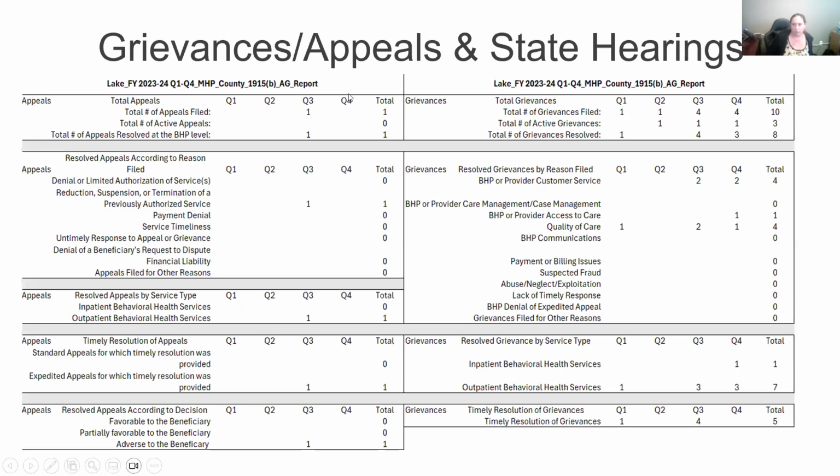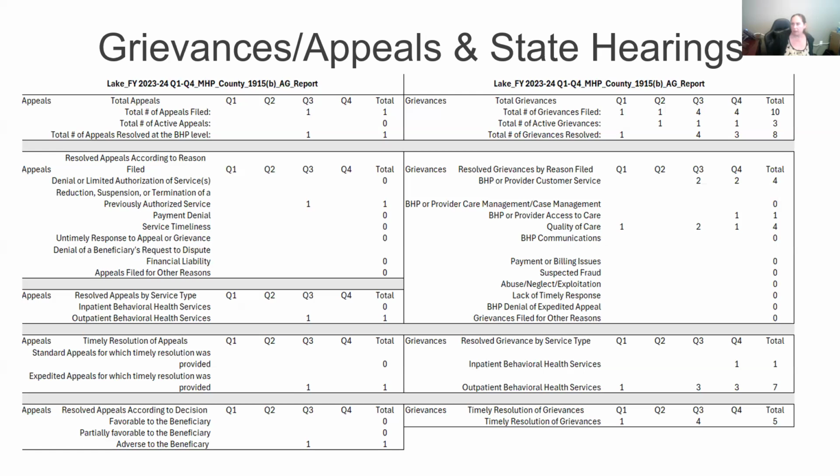Grievances and appeals. So this is a recap of some of the total statistics for the quarterly report that we submit to DHCS. We don't have a lot of grievances and appeals. As you can see, we have ones and twos in most of these numbers, and a total of say 10 filed for all 4 quarters in grievances, and 3 were active and 8 were to be resolved.